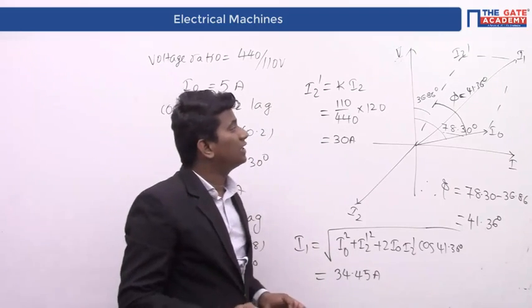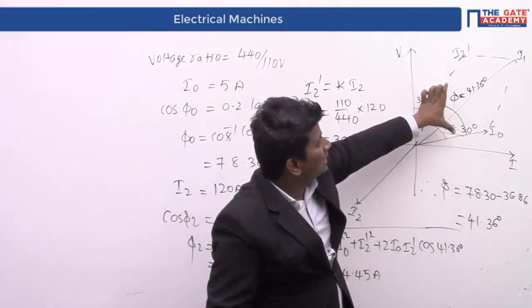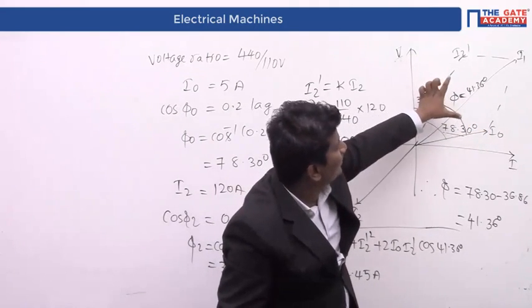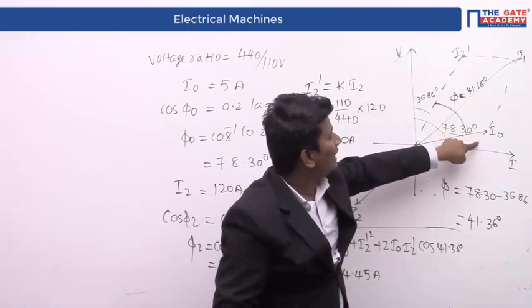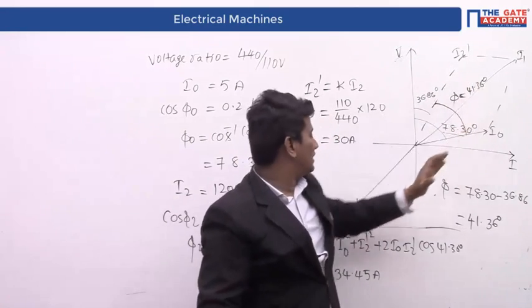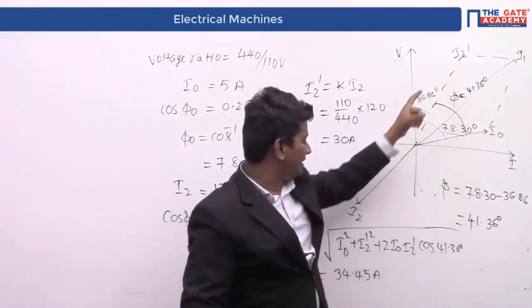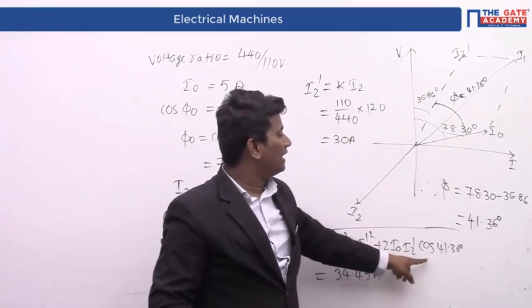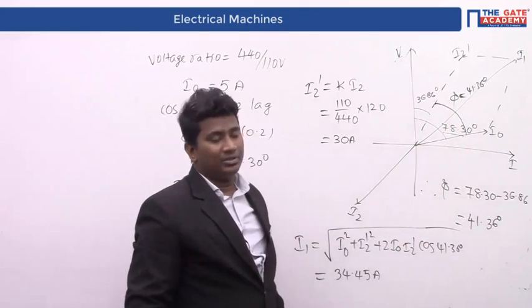But we should not forget this kind of basic thing. You have to consider the resultant power factor angle between I2 dash and I0. Therefore, how to solve this current? I1 is equal to under root I0 square plus I2 dash square plus 2 I0 I2 dash cosine of the angle between them.